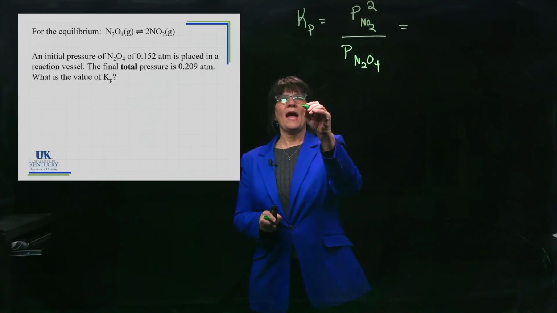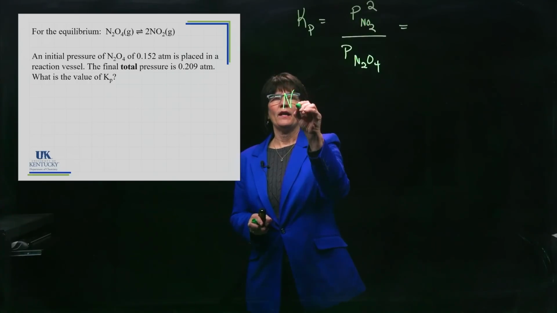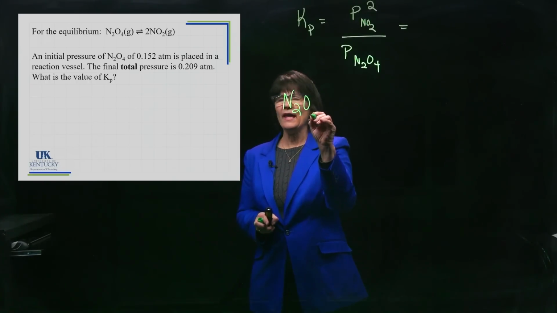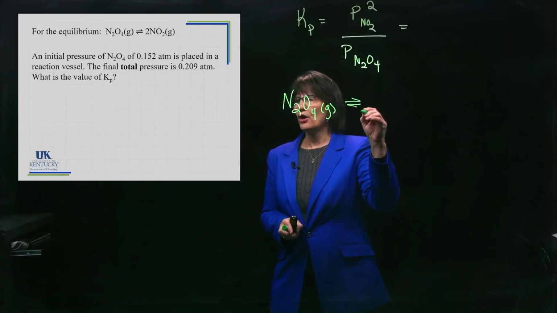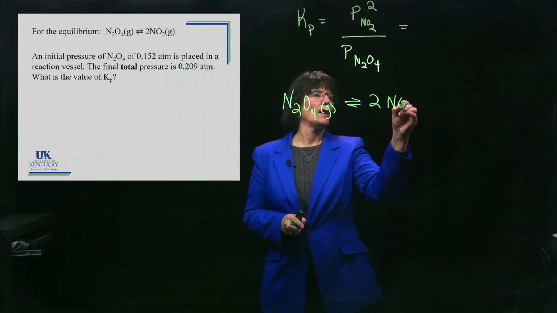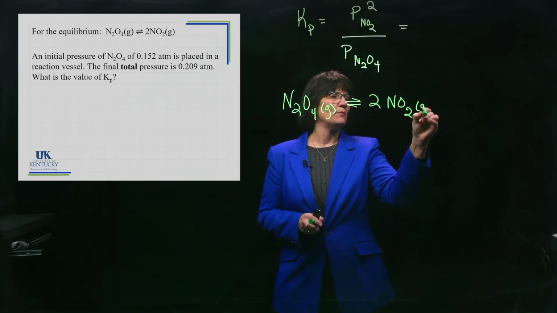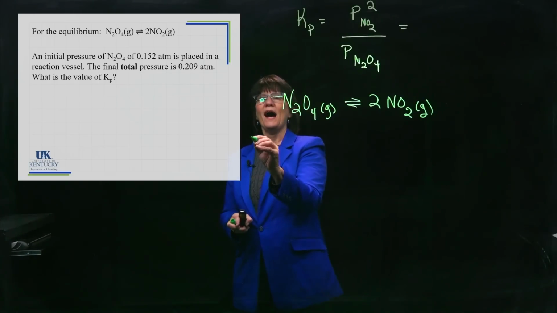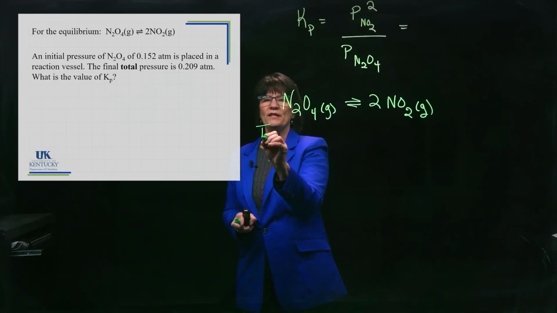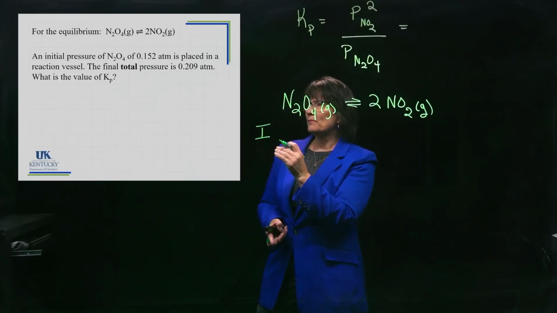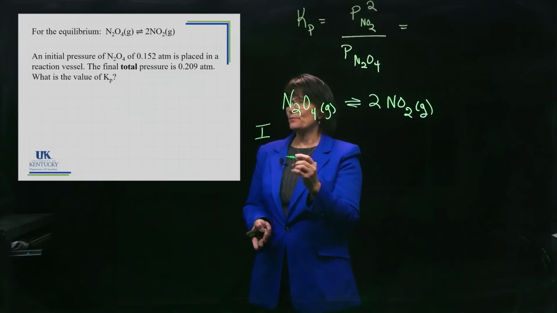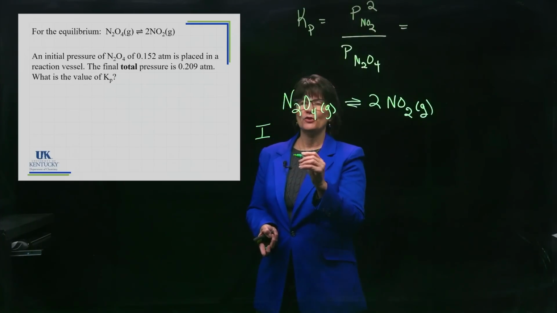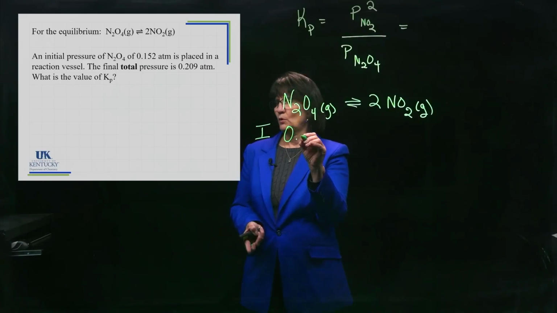Now let's write the reaction down so that I can write under it and practice using the ICE table that I taught you about before. Now in this ICE table, we'll start with the I, which we know stands for initial. We read the problem and it says an initial pressure of N2O4 is 0.152.